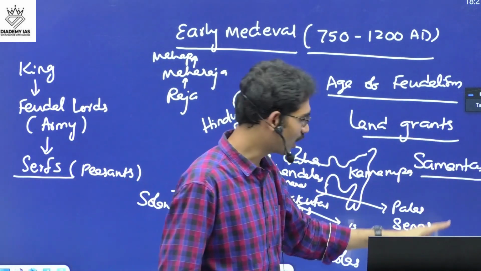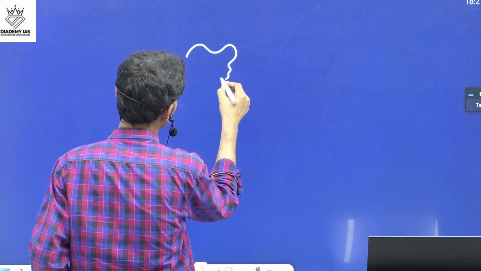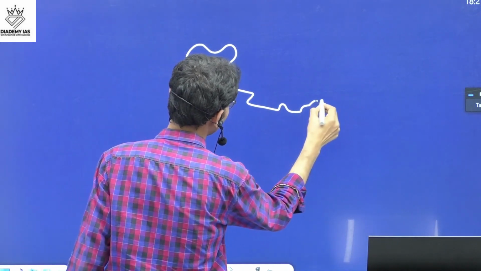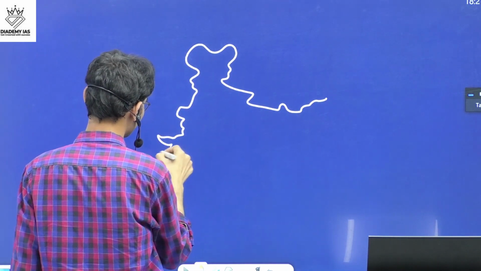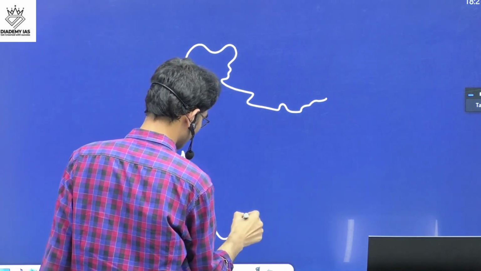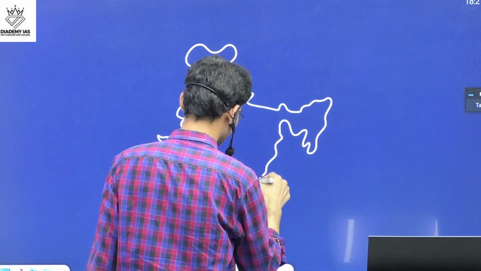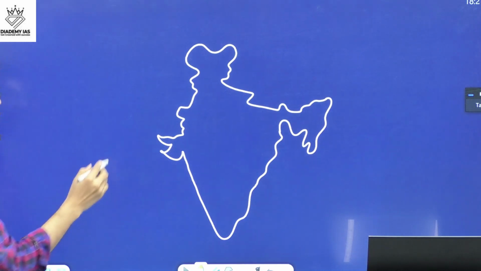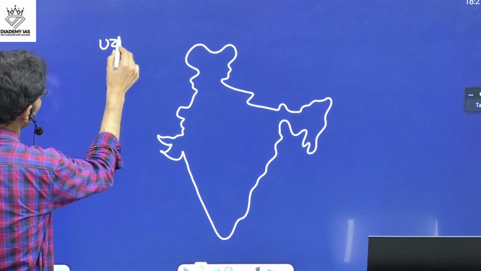Now this question is asking about when Al-Biruni came to India and observed the Indian system. Al-Biruni belonged to a place called Khwarizm, present-day Uzbekistan.